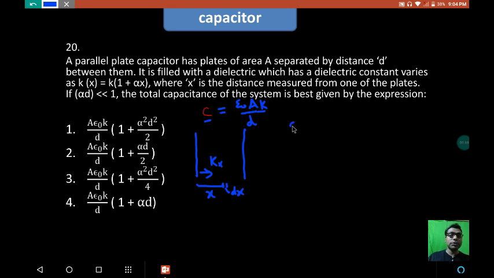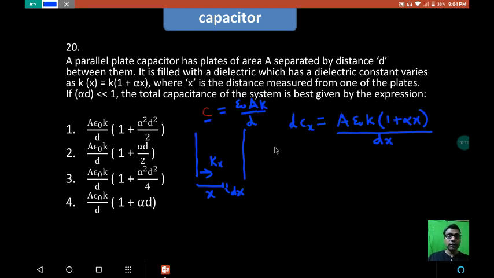The capacitance Cx equals A epsilon naught K (1 plus alpha x) divided by dx, because we are finding it for the small dx.